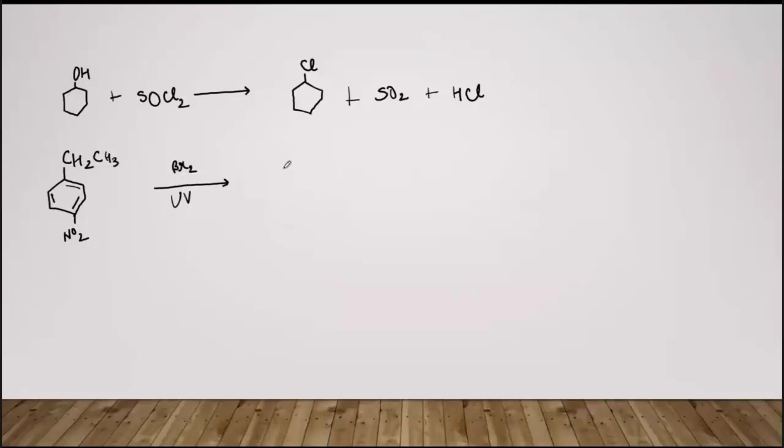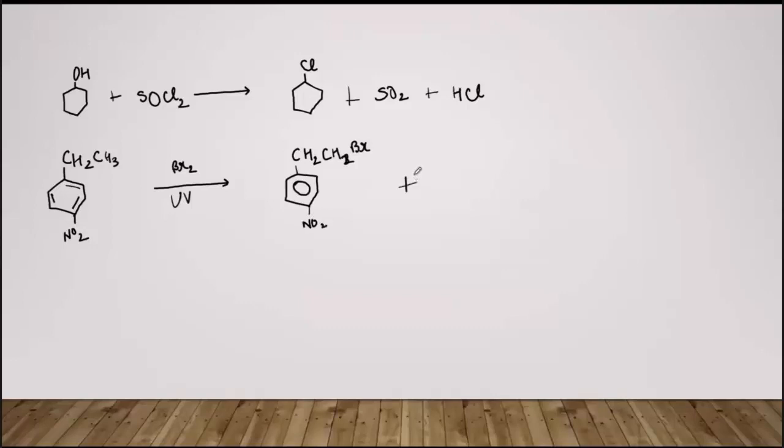Here also it will be exactly the same, just that this would be CH2 and CH3. Sorry, this would be CH2 because one H would be replaced, and here it would be Br in place of one hydrogen atom, and the rest of the molecule would be the same. Here is NO2.